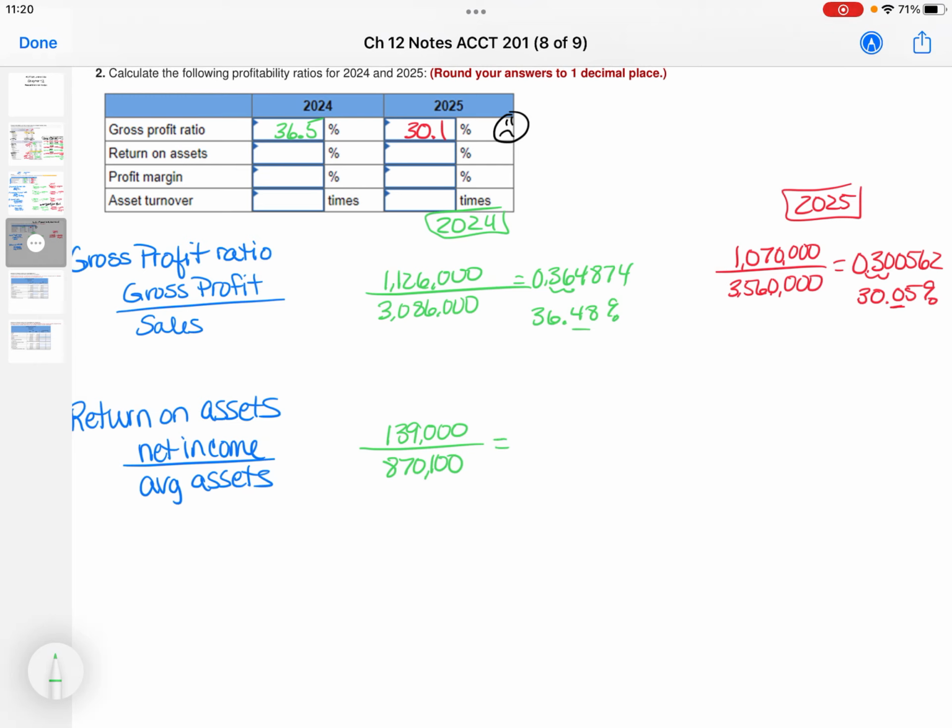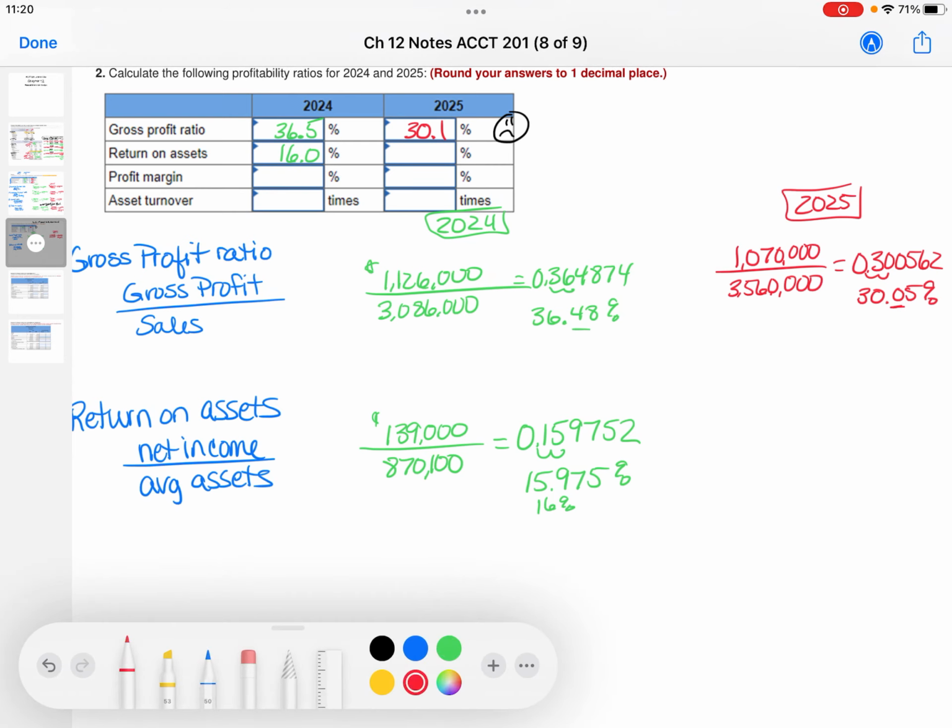And when you divide those amounts, we get 0.159752. Convert that to a percent, it'd be 15.975. It keeps going. So it's actually going to round to 16% for this one. So the return on assets is 16%.